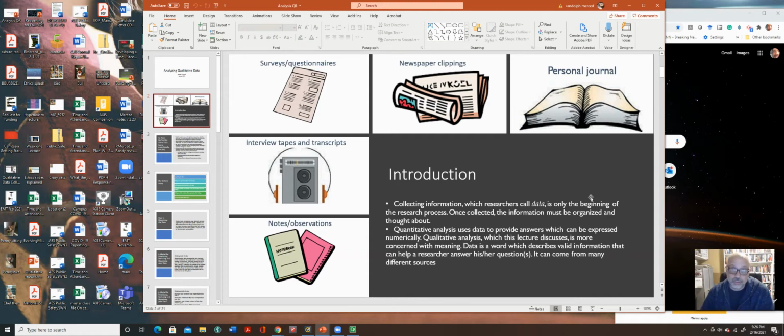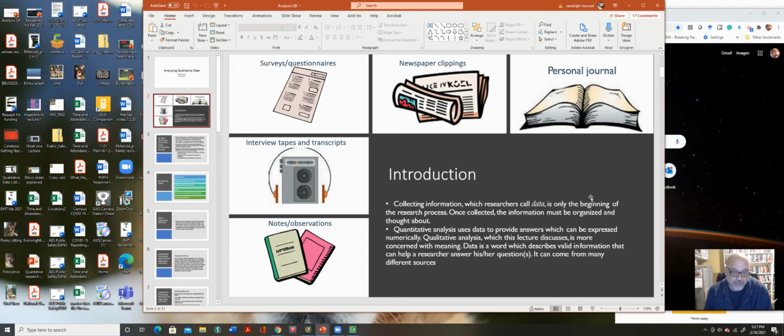You can actually get some data from newspaper clippings. Be careful on that route, because a lot of news out there is not accurate news. I've seen, as a matter of fact, let me think. I may have a video that shows how a couple of, actually, I do have this video. It's a sort of satirical look at qualitative analysis or research itself.